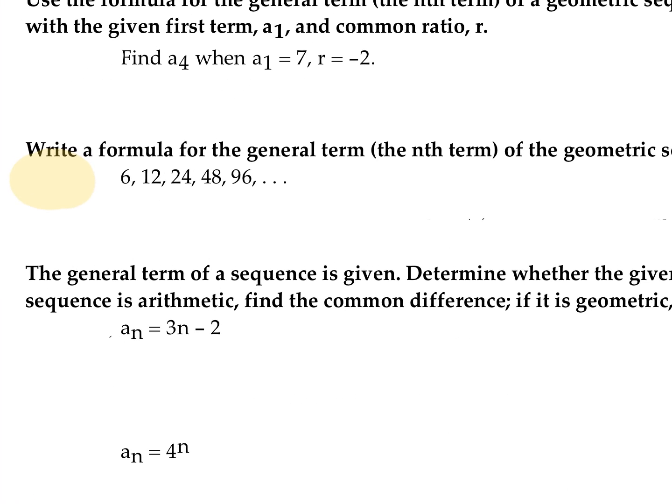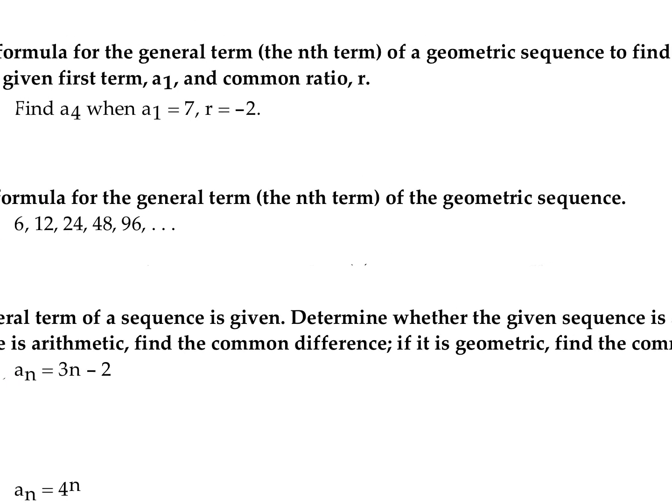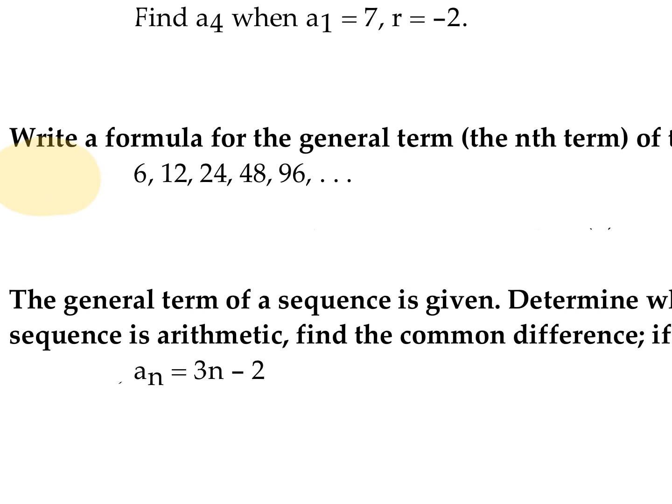So on the next page, it says write the formula for the general nth term of the geometric sequence. So our geometric formula would be a sub n is equal to a sub 1 times r to the power of n minus 1.